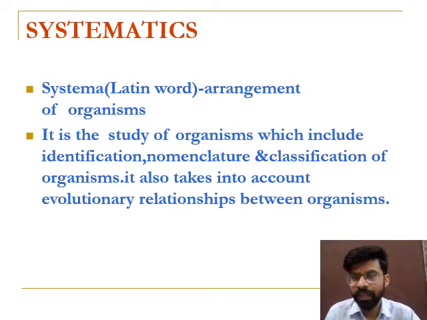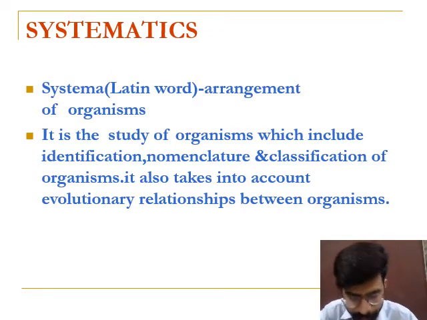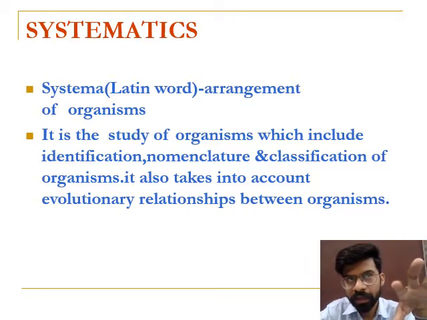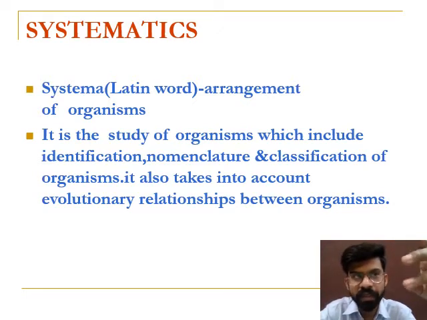Systematic means arrangement. Systematic means arrangement. So what is systematic? I am taking another example which can be related with the living system. Means in plus one class there are three streams: medical, non-medical, commerce. So systematic is the arrangement of organisms.